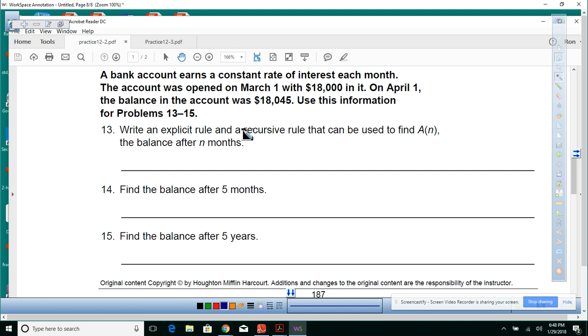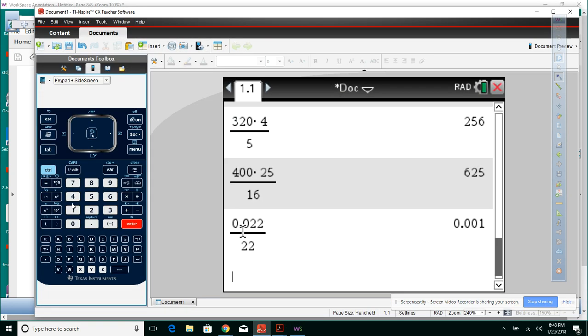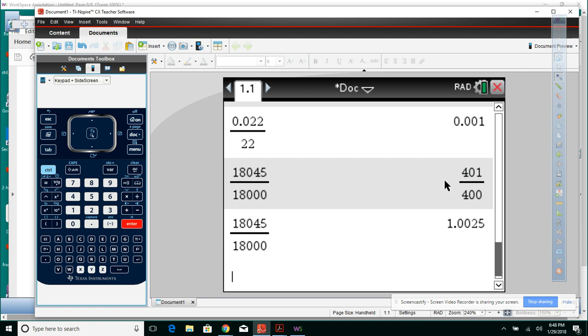Okay, so for the first month, and then let's see, it earns a constant rate of interest. Well, we don't know what that is. Okay, well, let's see here. $18,045 divided by 18,000, and that gives you 1.0025.